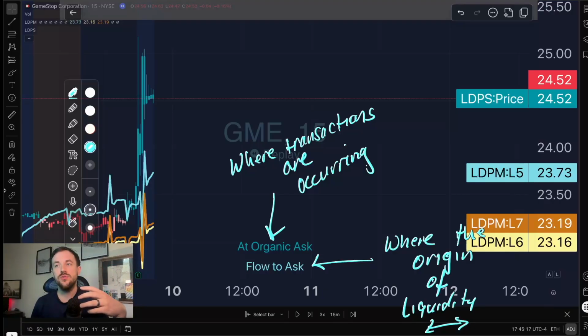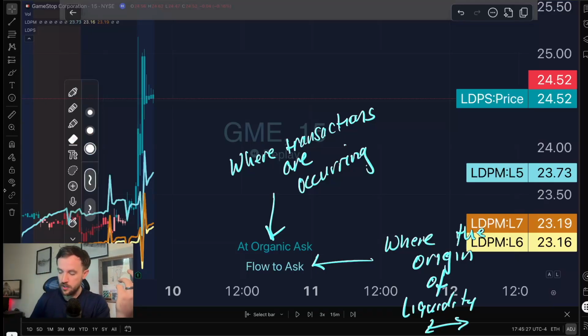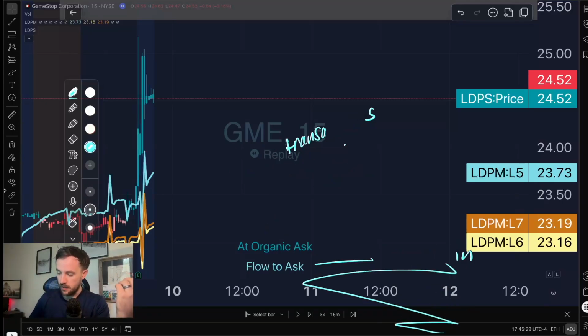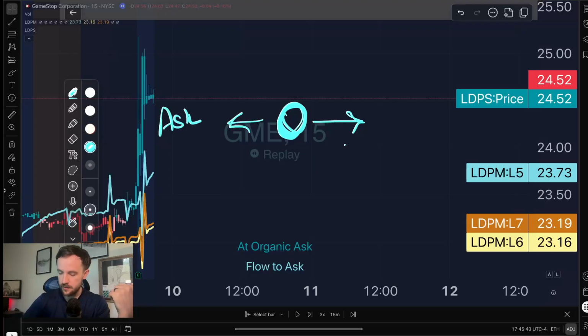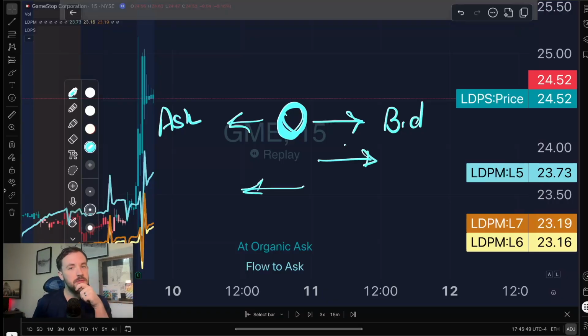I really don't want this to be too long of a video going too much into the weeds, but I guess it suffices to say that the overarching philosophy of Deep Dive Stocks liquidity is centered around the idea that the source of liquidity moves between the ask and the bid. Sometimes it's towards the bid, and sometimes it's towards the ask.